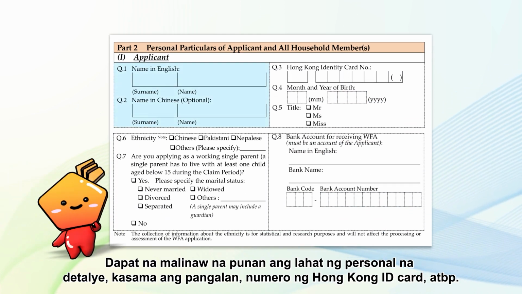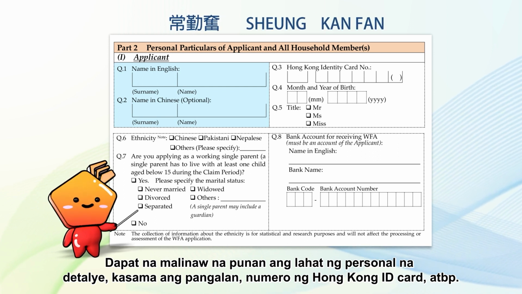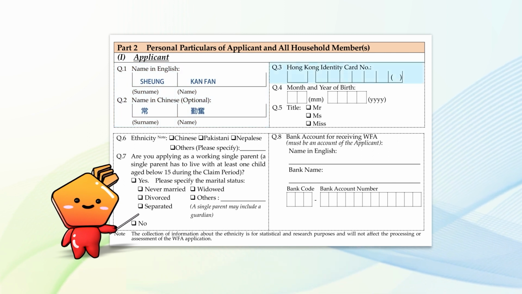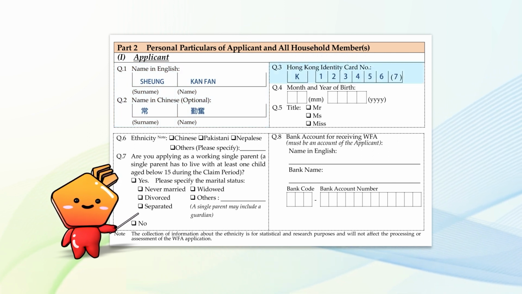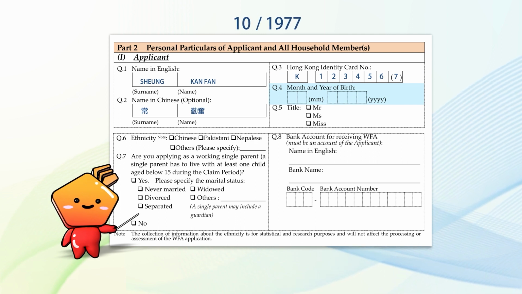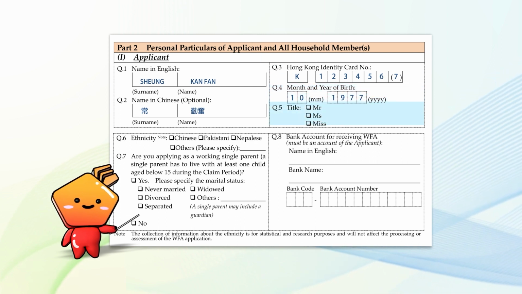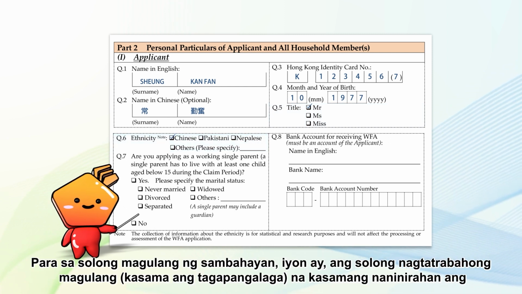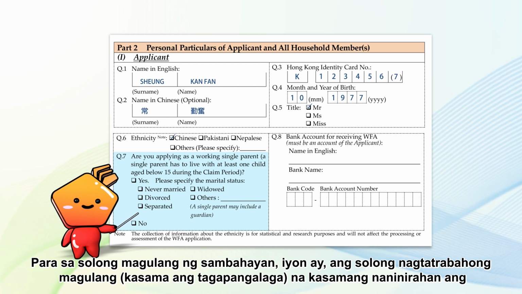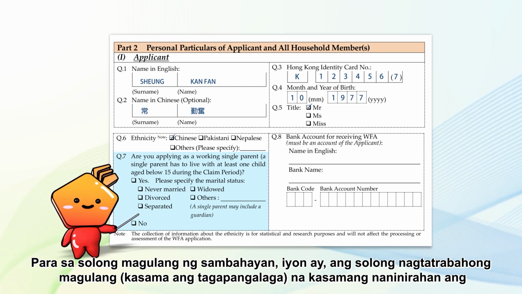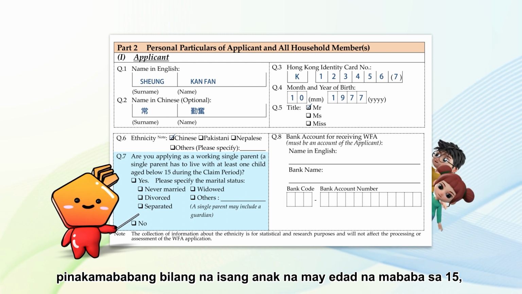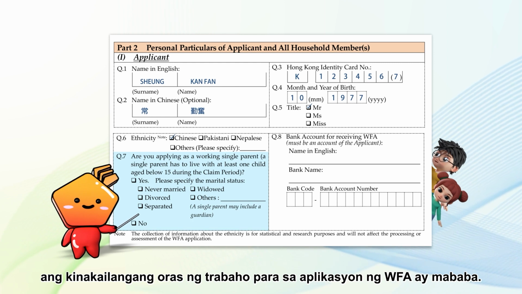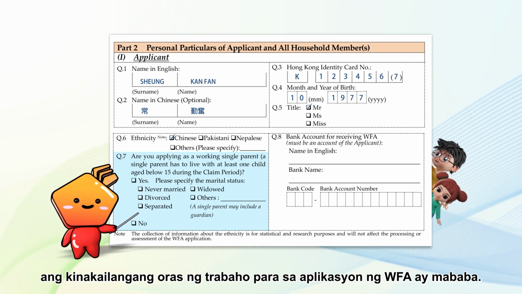You must clearly fill in all personal particulars, including names, Hong Kong ID card numbers, etc. For single-parent households, that is, a single working parent, including guardian, living with at least one child aged below 15, the working hour requirements for DUFA application are lower.